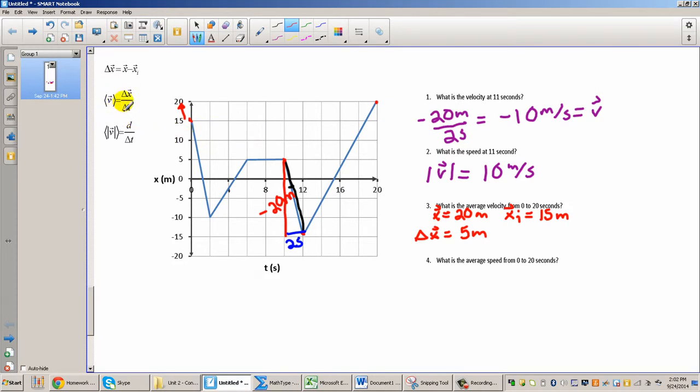Then to find the average velocity, it's just a matter of taking that displacement and dividing by the length of the time interval. So 5 meters divided by 20 seconds is 1/4, or 0.25 meters per second for our average velocity.